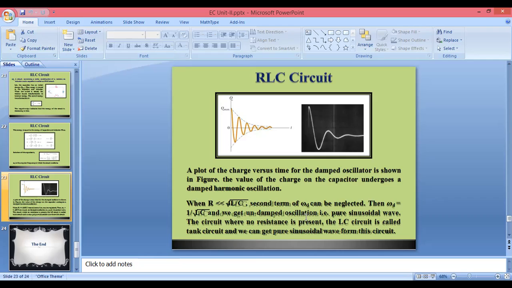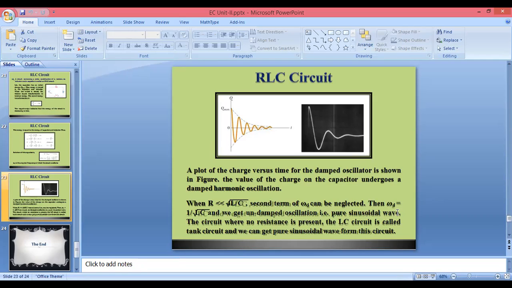Means what? If there is no damping, if we are getting pure sinusoidal wave, at that time we can say we are getting the value of angular frequency as 1 upon square root of LC.